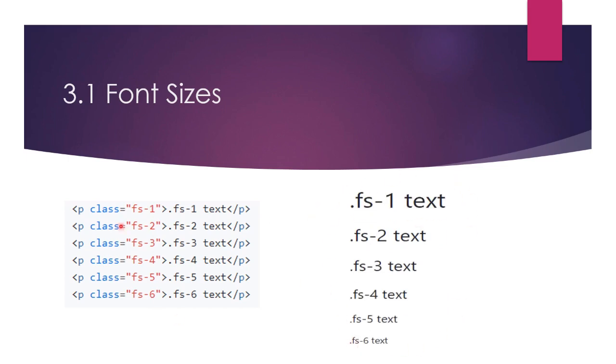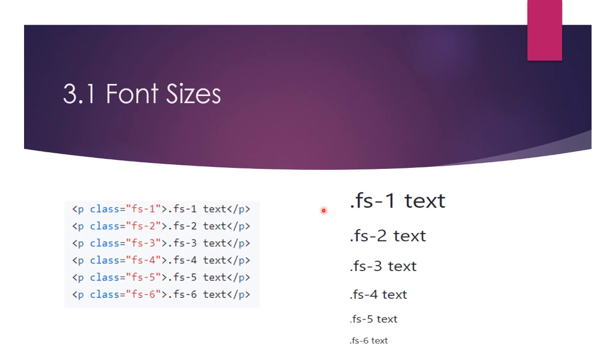As you can see, FS-1 is the largest font size. Giving a text a class of FS-1 is going to make it look much bigger. It's simply going to increase the size of the text. It's not going to affect the font weight in any way.